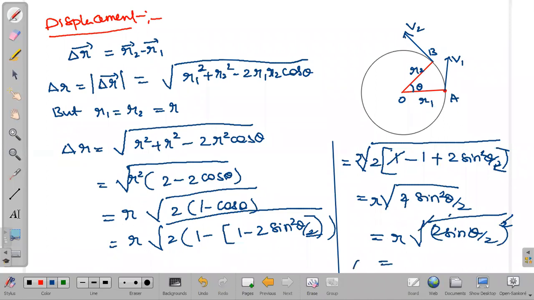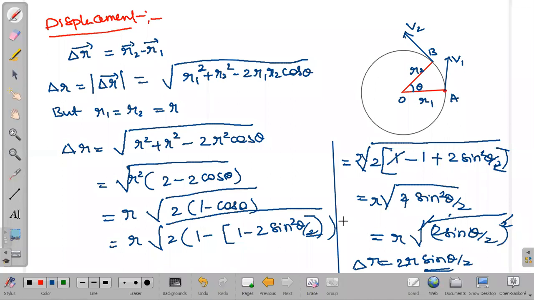Delta r is equals to 2r sine theta by 2 we left out finally. So that is our magnitude of displacement when a particle is in circular motion. 2r sine theta by 2 is our magnitude of displacement.